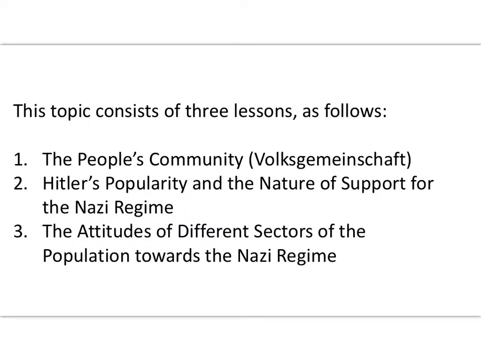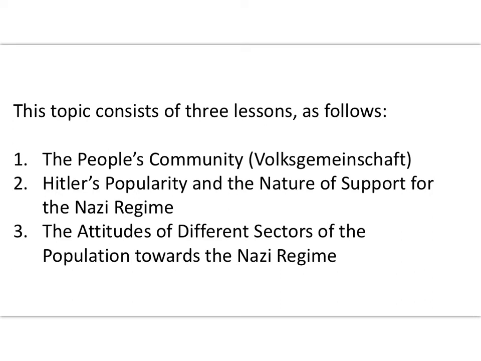Just to give you the bigger picture, the three lessons are as follows. There's today's, the people's community. The next lesson we'll look at Hitler's popularity and the nature of support for the Nazi regime, support and opposition.